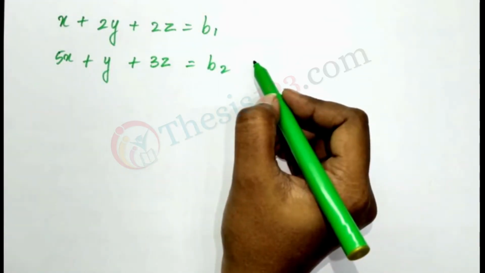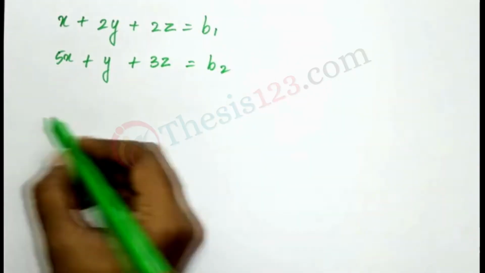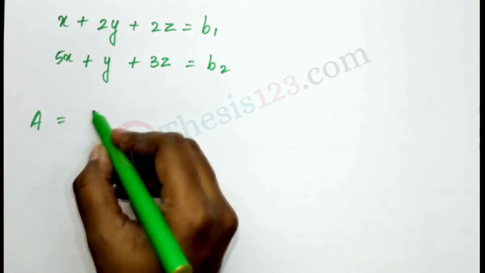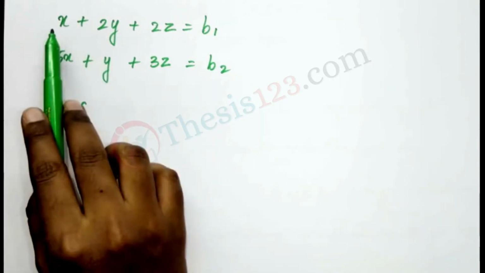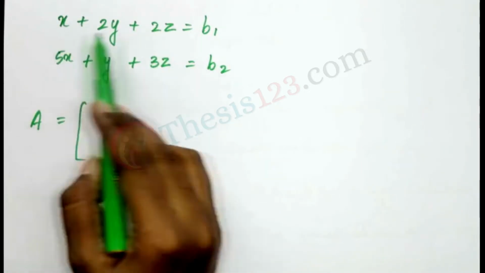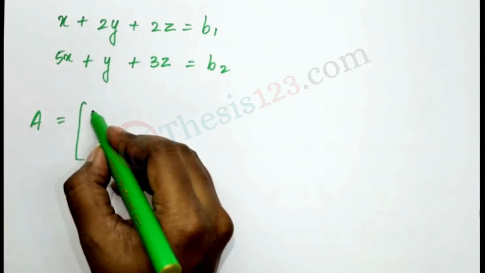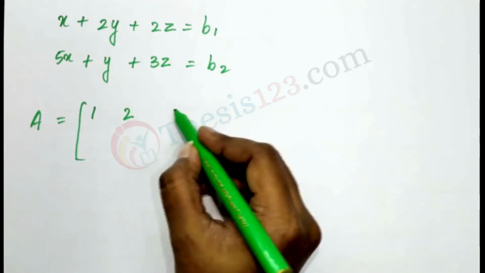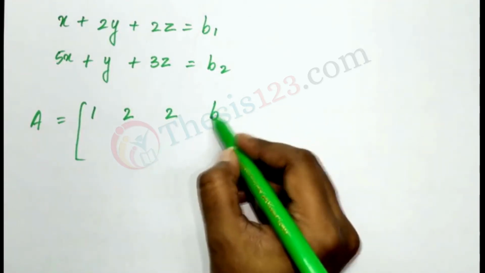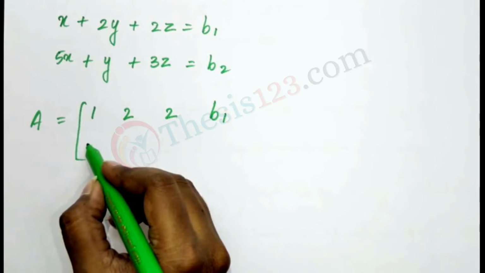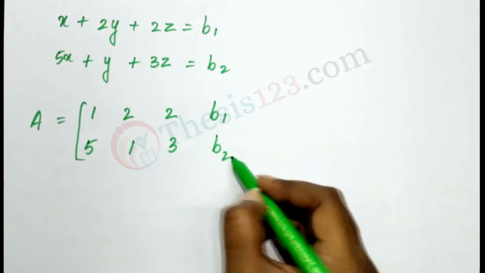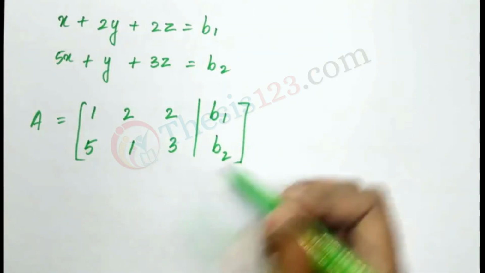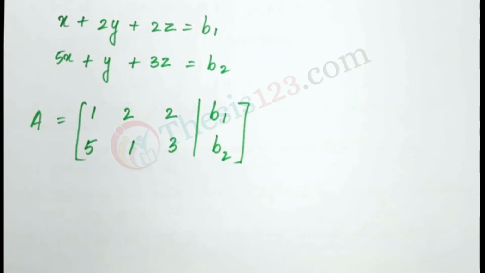So if we were to write it in the form of a matrix, let's call that A. This is going to be our augmented matrix. So we write down the coefficients of each of the variables here. So that's 1, 2, 2, b1, and in the second row 5, 1, 3, b2. So this is our augmented matrix.